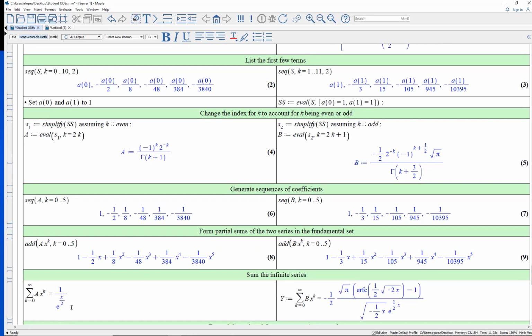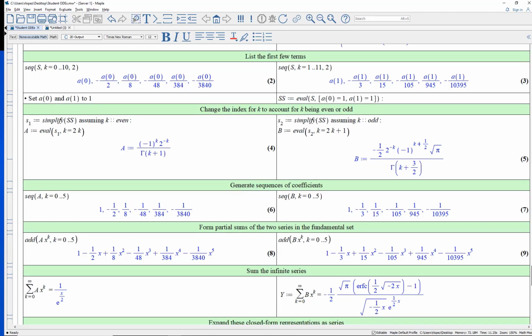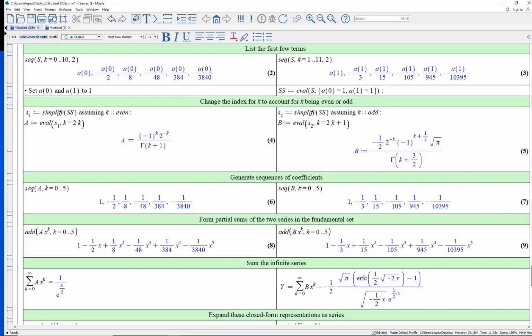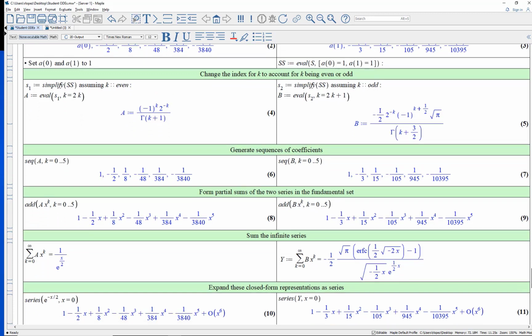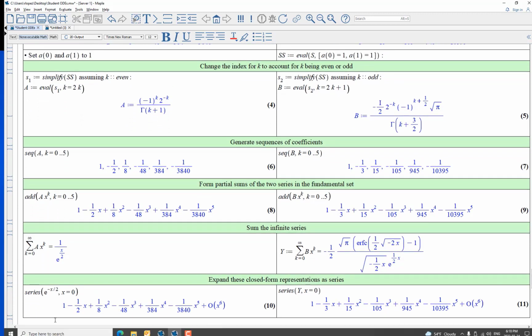Lo and behold, Maple sums this series to e to the minus x over 2. And it sums this series to a multiple of the complementary error function. Wow. I wonder if those are actually solutions of this differential equation.